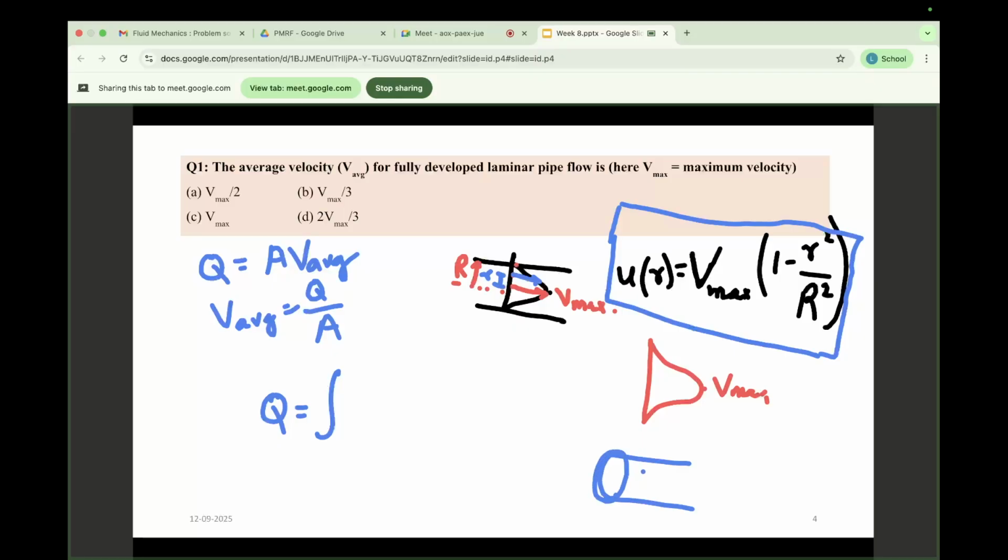The flow is flowing through it. We know that is A into V. So this velocity at a region, say at r distance, we have to find. At this r distance, I can write this velocity as u r, and the area at this distance I need to know. Can you tell me what will be the area here? Say I assume this area as dA.